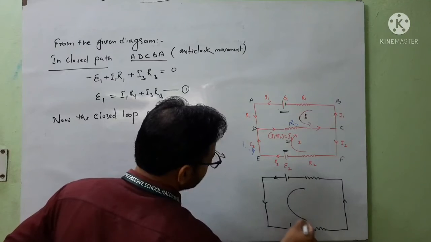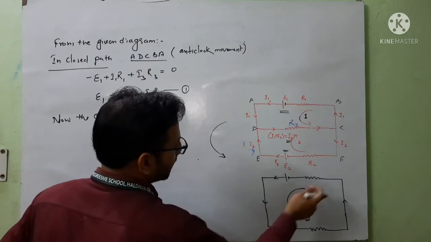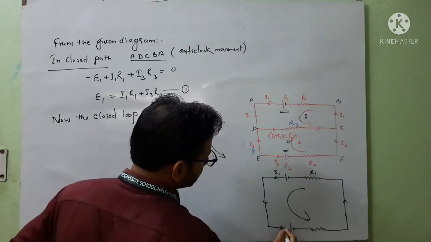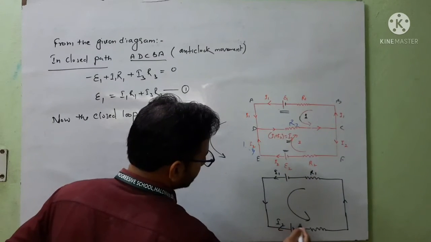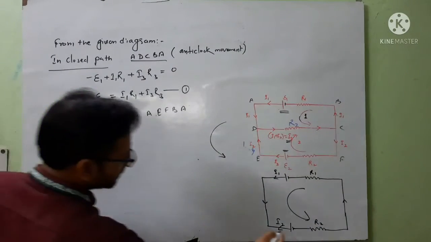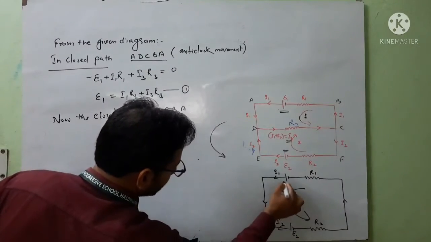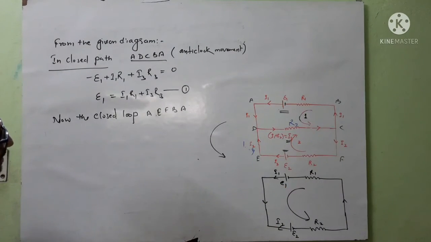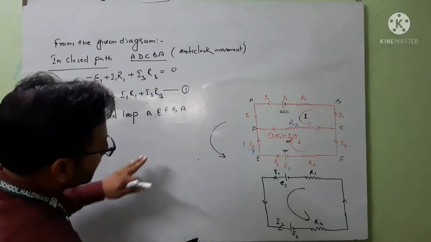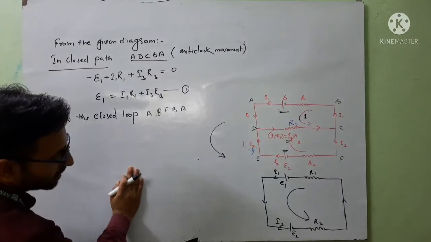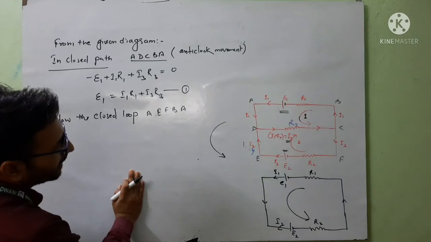Got it? So this is the way, and you know the arm in which there is I1 current, R1 resistance, and here I2 current, and this one is R2. And this is our E2 and this is our E1, we know very well. Either you can use this arm, or let's see what comes next. We have one more option.